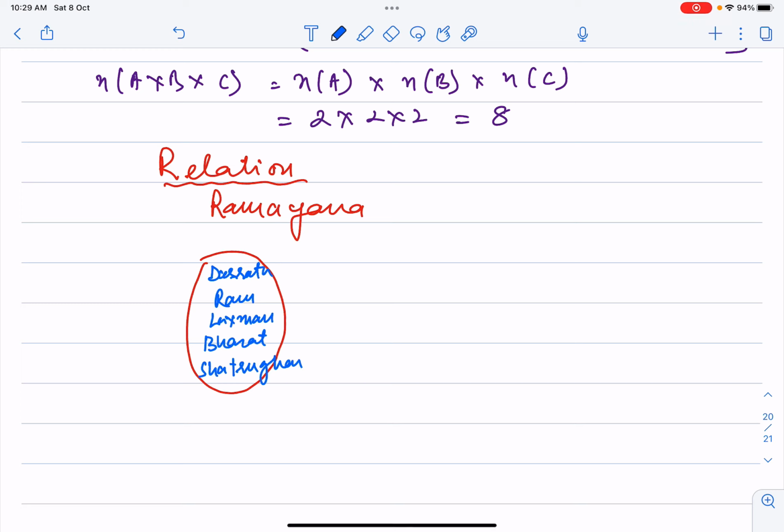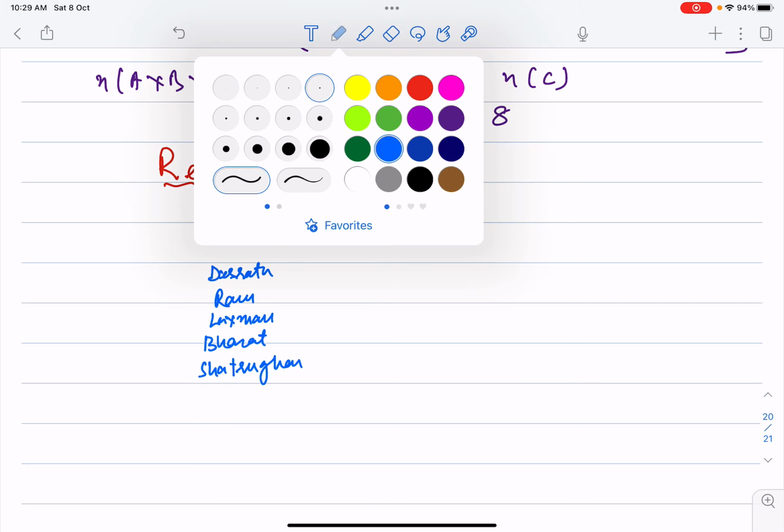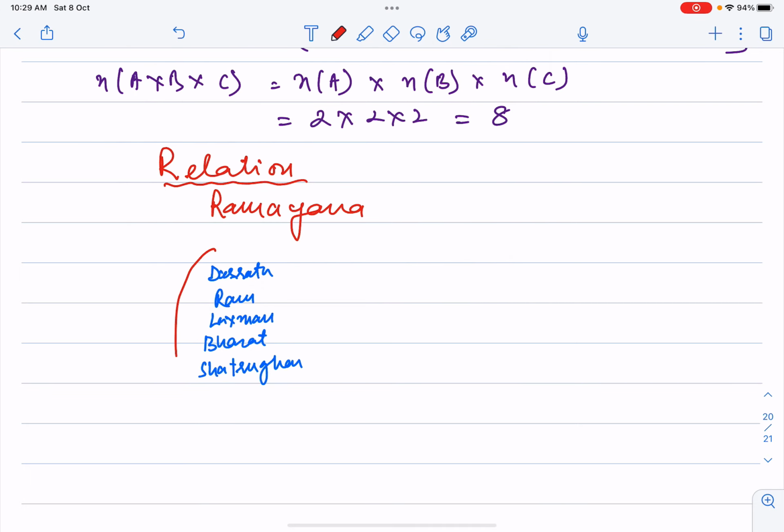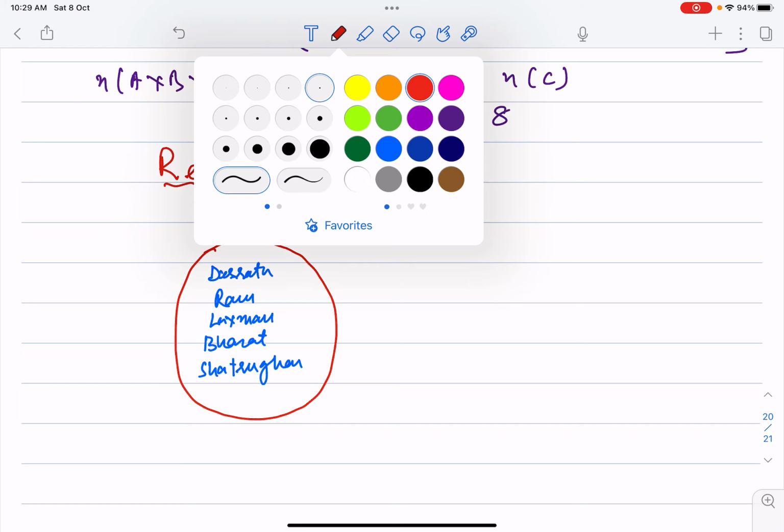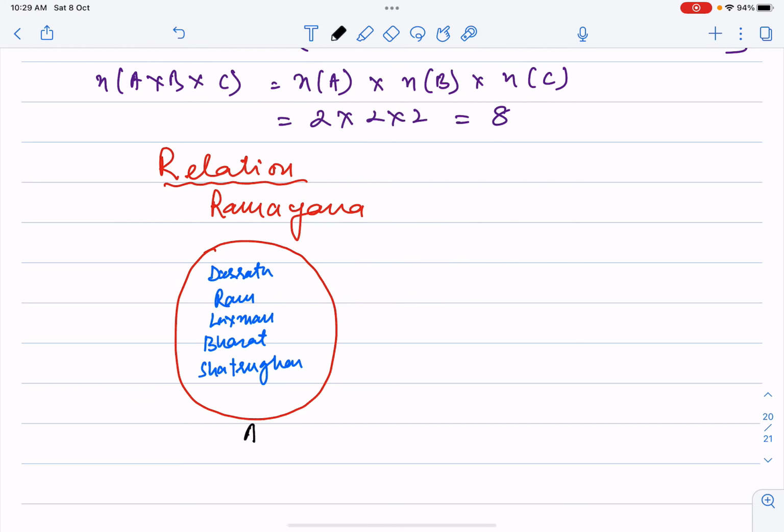It has gone out of that box, we can change that also. So this is a set. Let us name this as A.